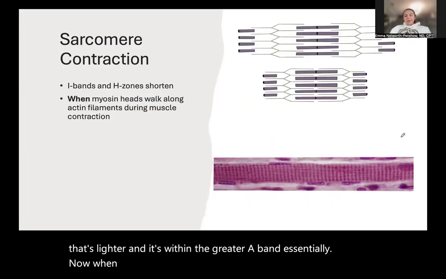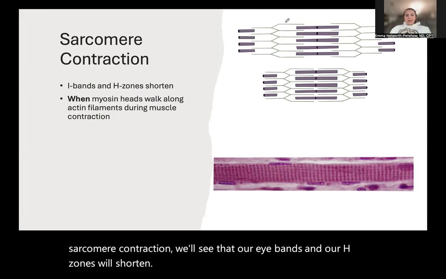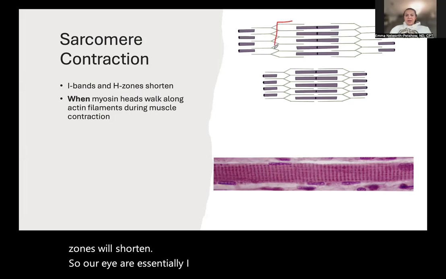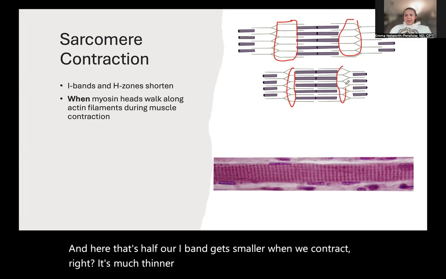Now, when we think about how muscles contract, or sarcomere contraction, we'll see that our I bands and our H zones will shorten. So our I band here and here, that's half of our I band, gets smaller when we contract, right? It's much thinner here and here.